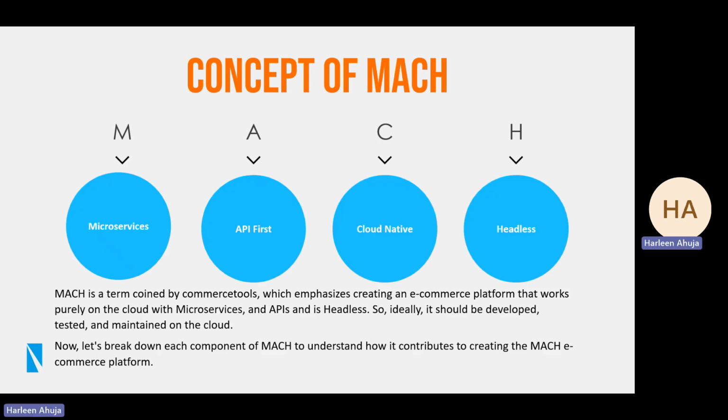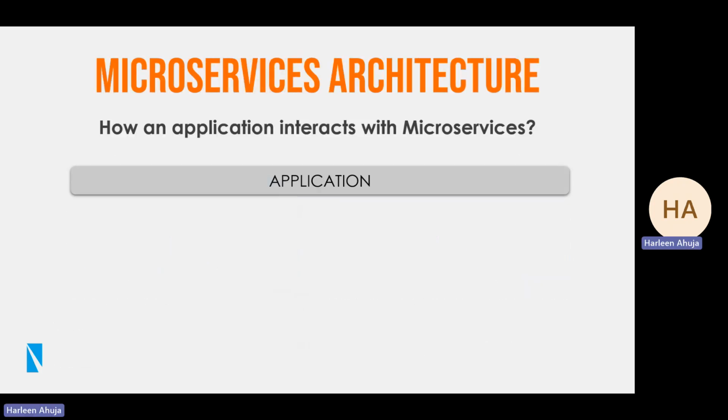This is how we divide MACH. The first component is microservices, followed by API first, cloud native, and headless. So what is microservices architecture? The microservices architecture pattern breaks down a huge monolith application into manageable chunks of services. In addition, it enforces a level of modularity, so individual services are much faster to develop, understand, and maintain.